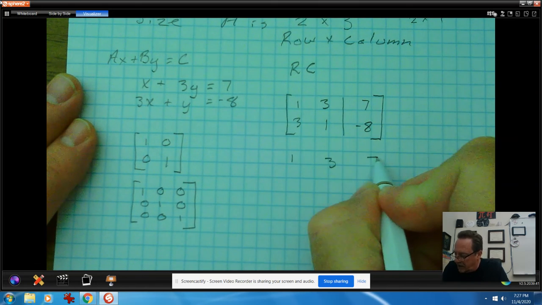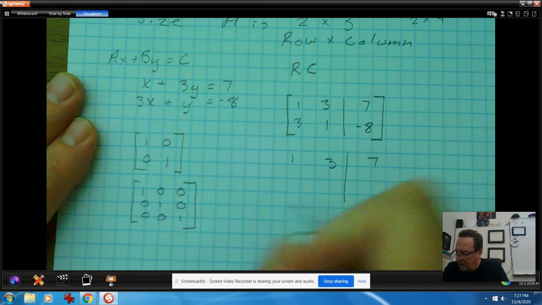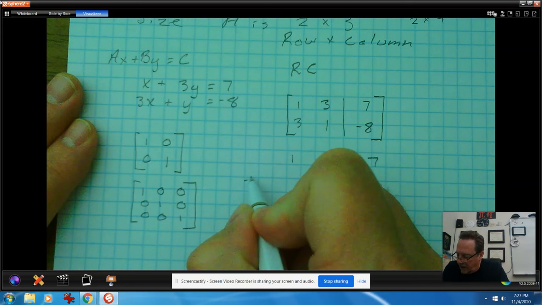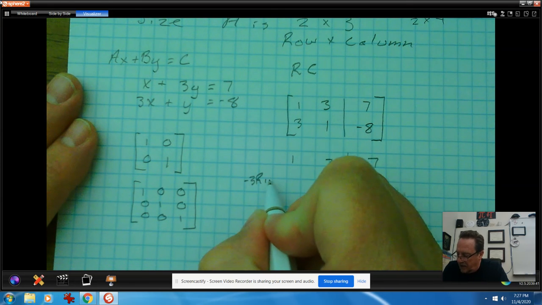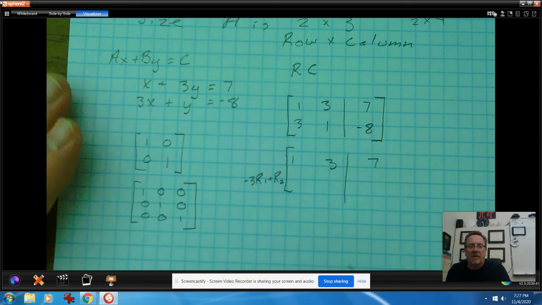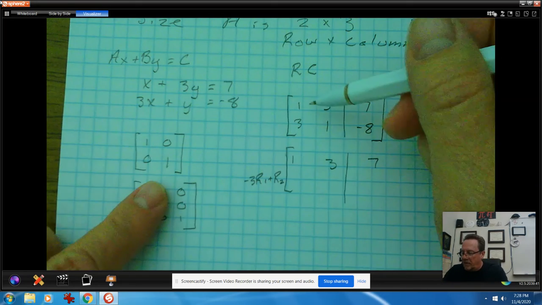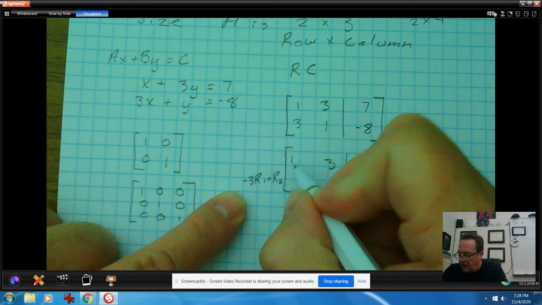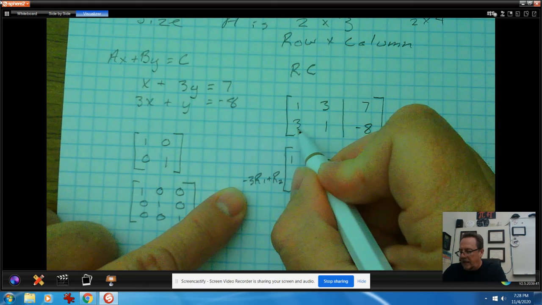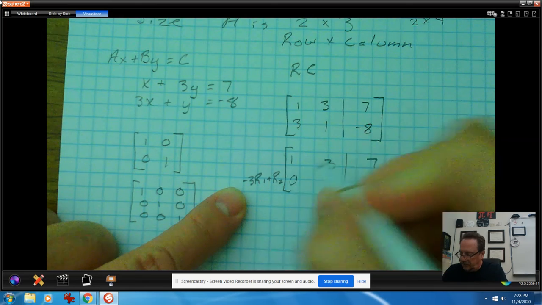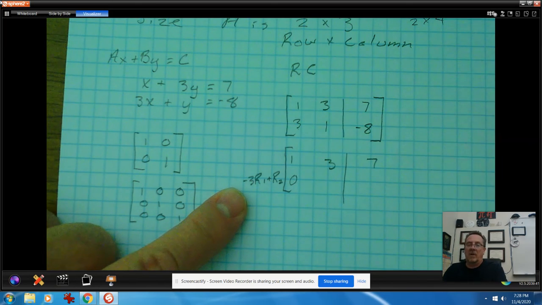1, 3, 7 still. Okay. But row 2, I'm actually going to do a -3 times row 1, and I'm going to add that to row 2. Okay. So I'm writing down here what I'm doing. If I multiplied the top row by -3, 1 times -3 is -3. And if I added -3 to 3, I'd get 0. Let me review what I just did.